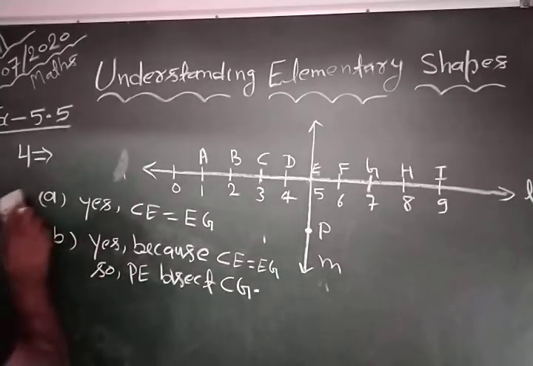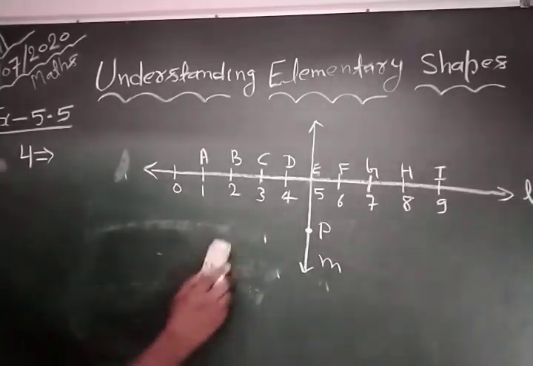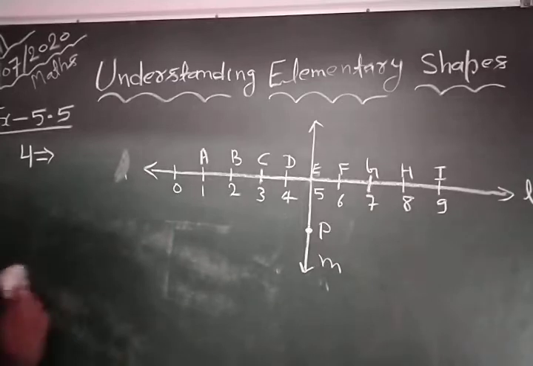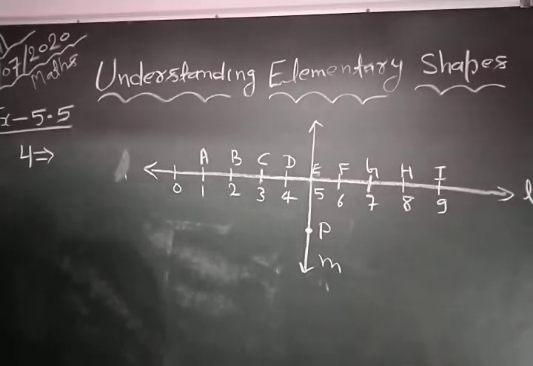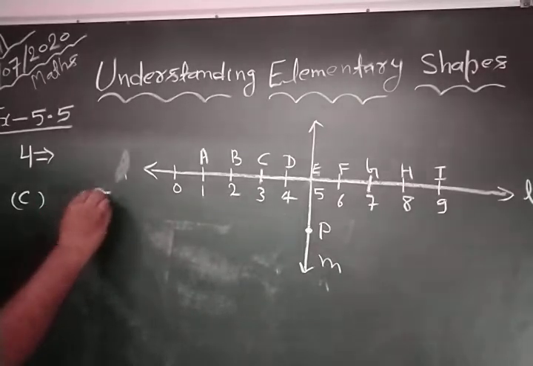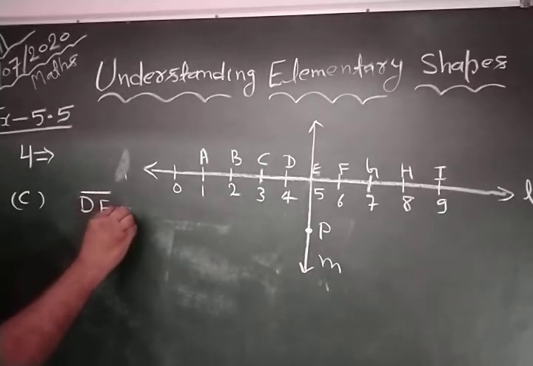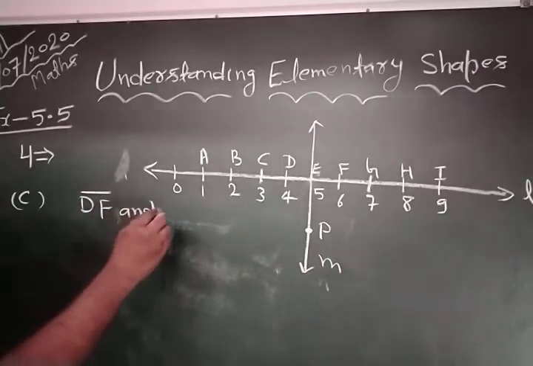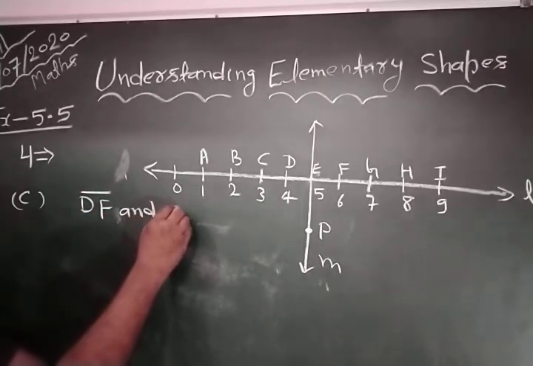So let's see C part. The question asked any two line segments. So you can write line segment DF and line segment CG or BH.